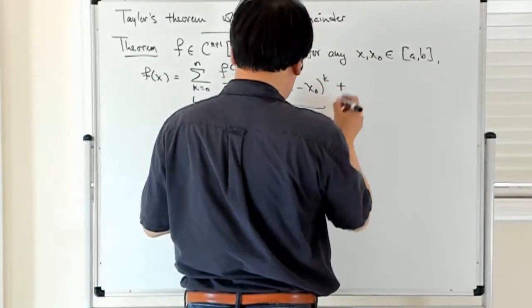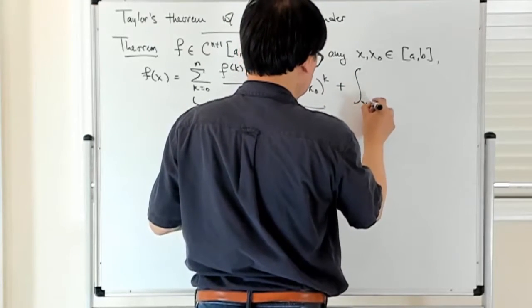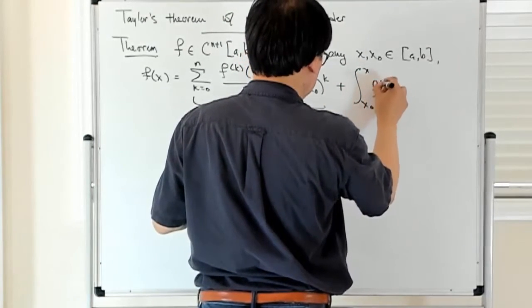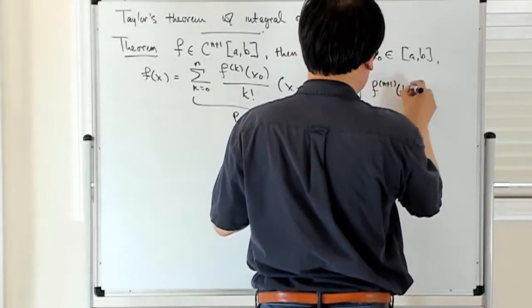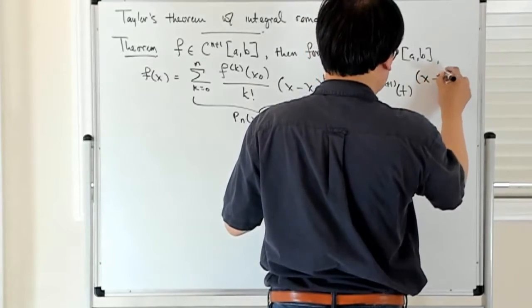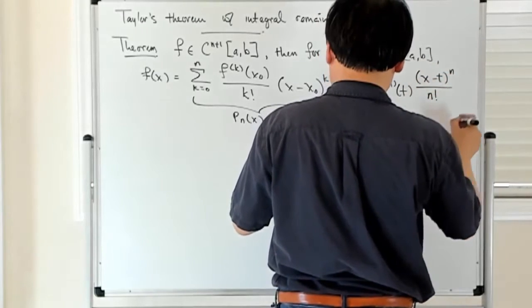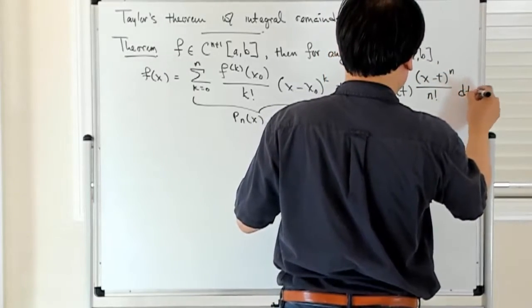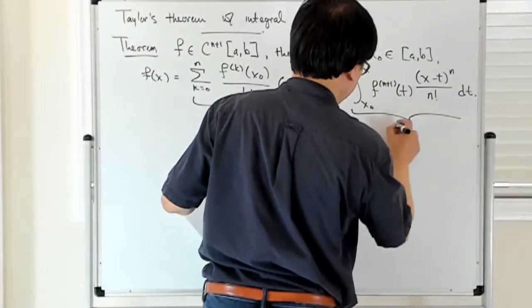Okay, and then there's an integral remainder term, which is the integral from x0 to x of the n plus first derivative of f at the point t, multiplied into x minus t to the nth power over n factorial, dt. This is what I call Rn of x.